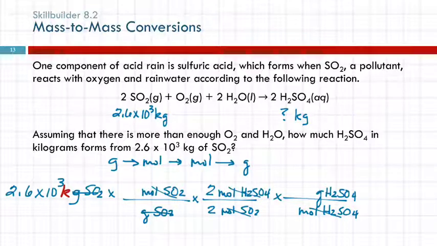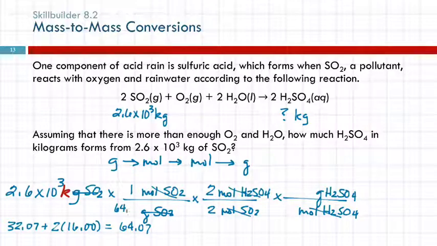I need the molar mass for SO2. Sulfur, 32.07, plus 2 oxygens. I think that's 64.07. So 1 mole of SO2 is 64.07 grams. And then sulfuric acid: 2 times 1.008 plus 1 sulfur at 32.07 and 4 oxygens.